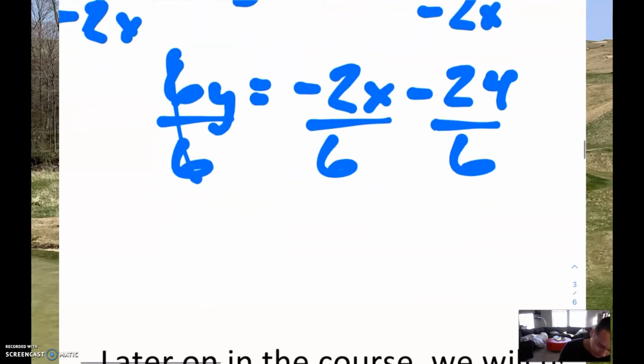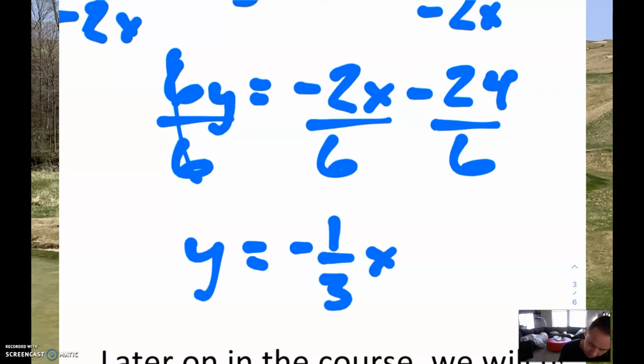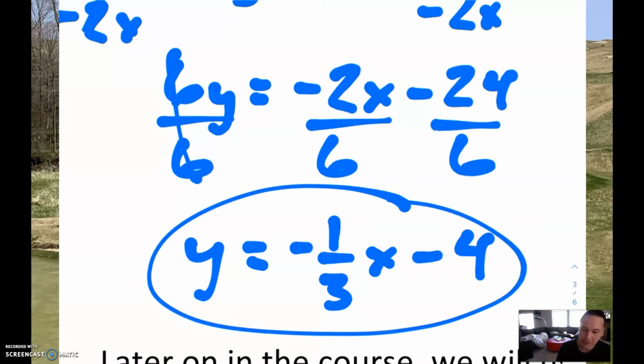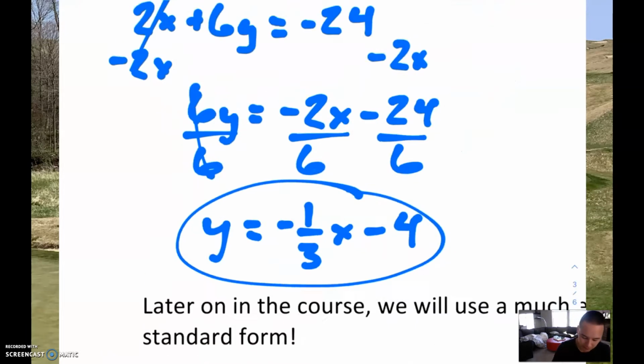And then the 6 goes away, and we're left with y equals 2 over 6 reduces to 1/3, so this will be negative 1/3 x. And then negative 24 divided by 6 is negative 4. This is the equivalent equation in slope-intercept form.